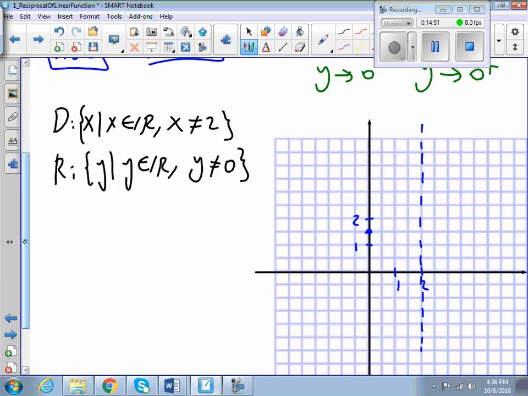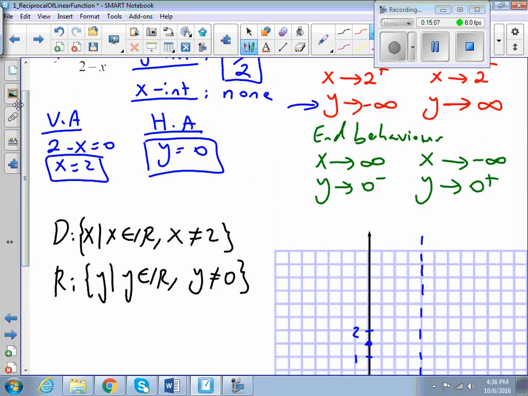So as x approaches 2 from the right hand side, my graph is going to approach negative infinity. Now, as we are approaching 2 from the left hand side, that means a number slightly less than 2, for example 1.9.